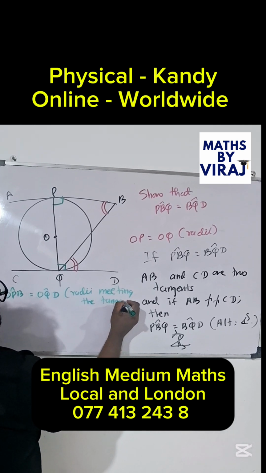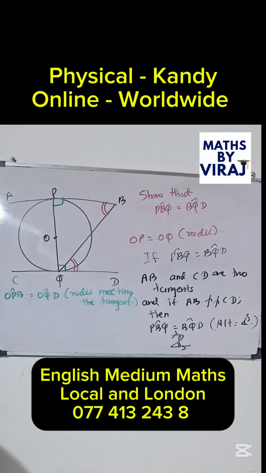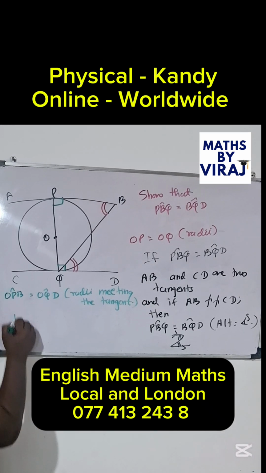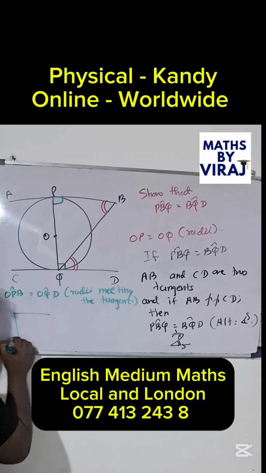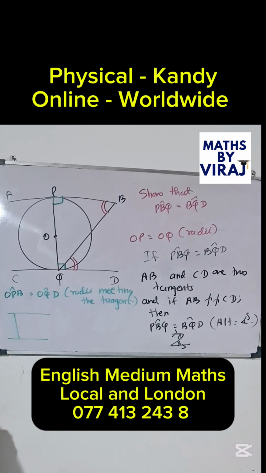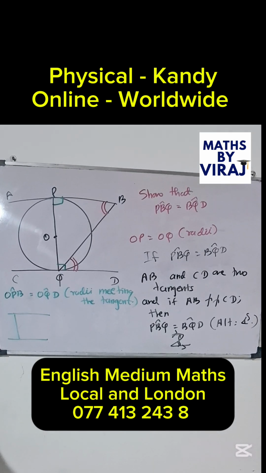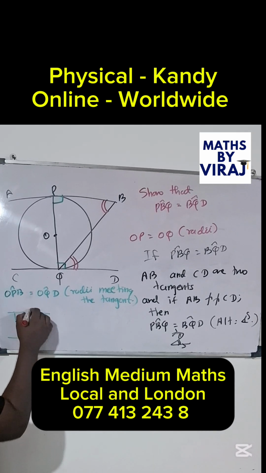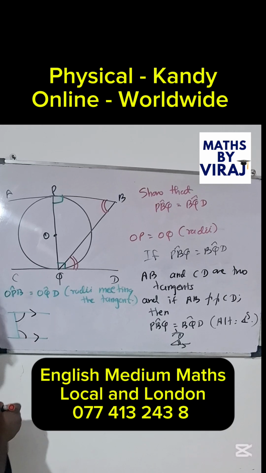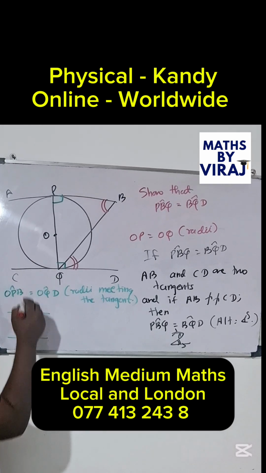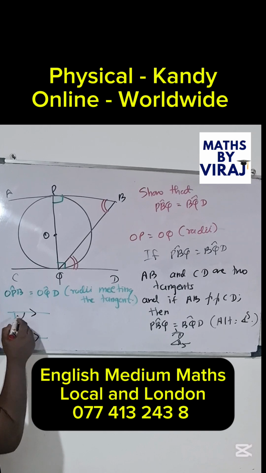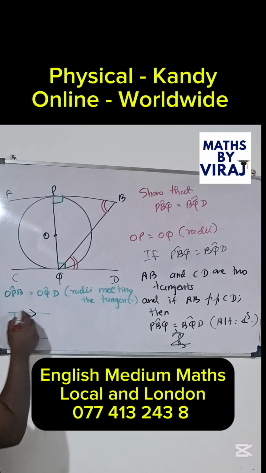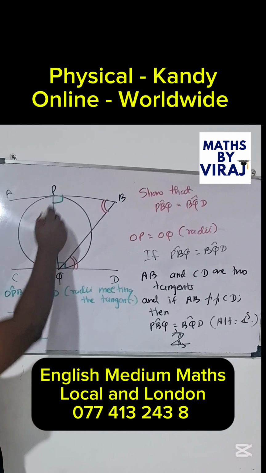We also know that if these two angles add up to 180, by allied angles, or interior angles, or C-shaped angles, they add up to 180. So now they add up to 180, 90 each.